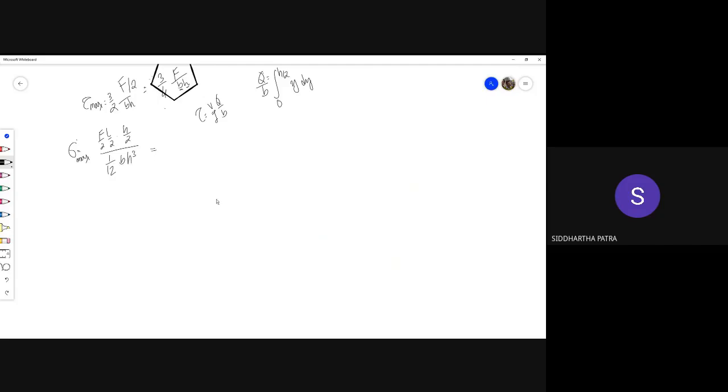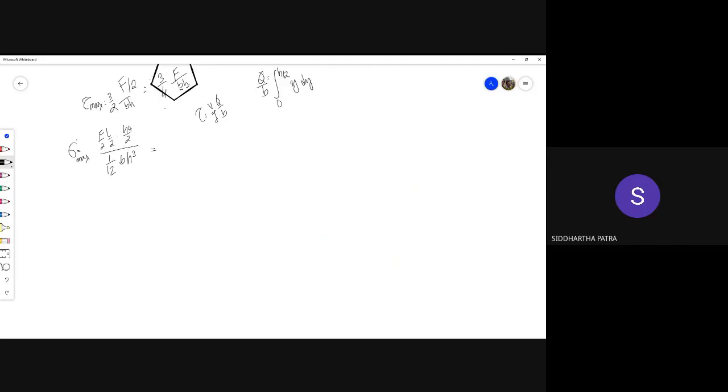Now can you tell me what expression you get? So F by 2 times L by 2 gives you the maximum bending moment.